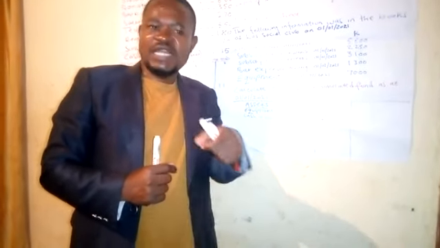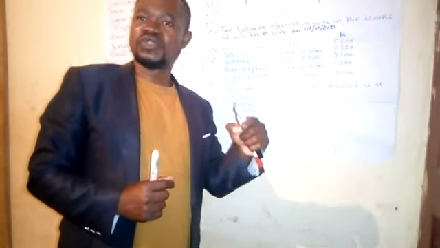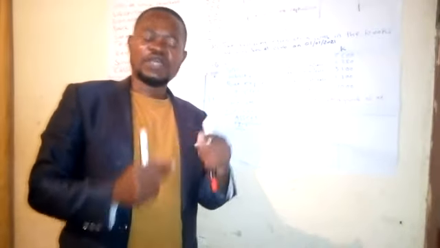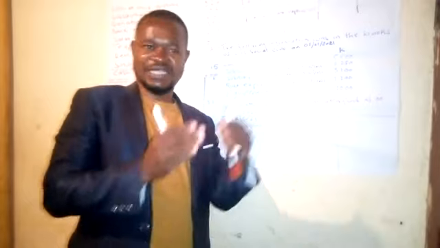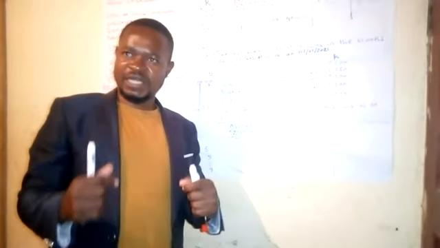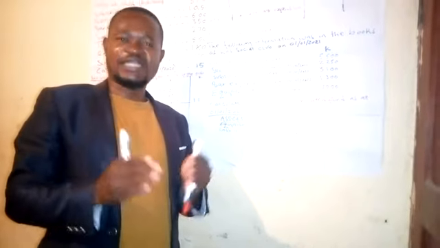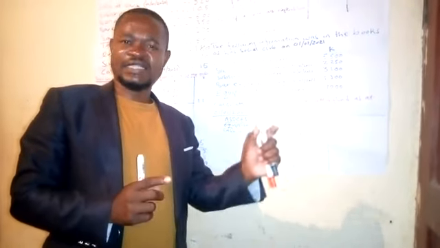So the monies that they are owing the club, that money belongs to the club. Therefore, subscription in arrears becomes an asset to the club. So when you're preparing a balance sheet, subscription in arrears should be written under current assets.